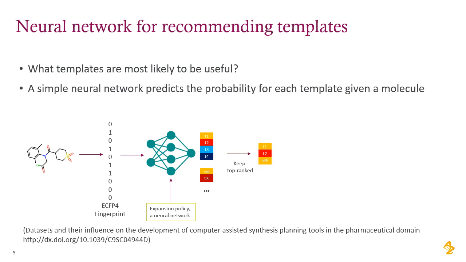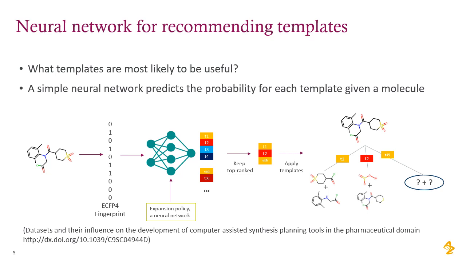And we typically keep the top 50, which we then apply onto the target molecule, producing different sets of precursors. And you can see the reference at the bottom.